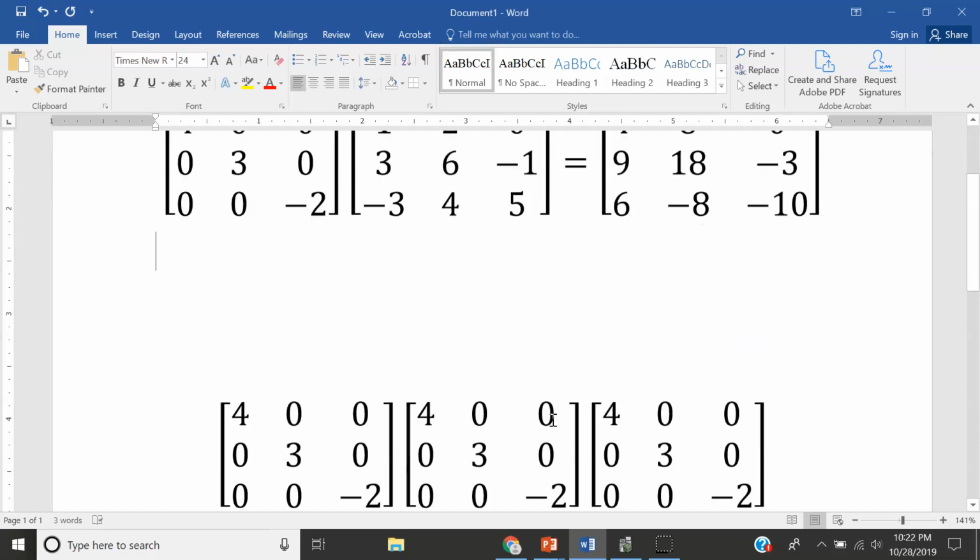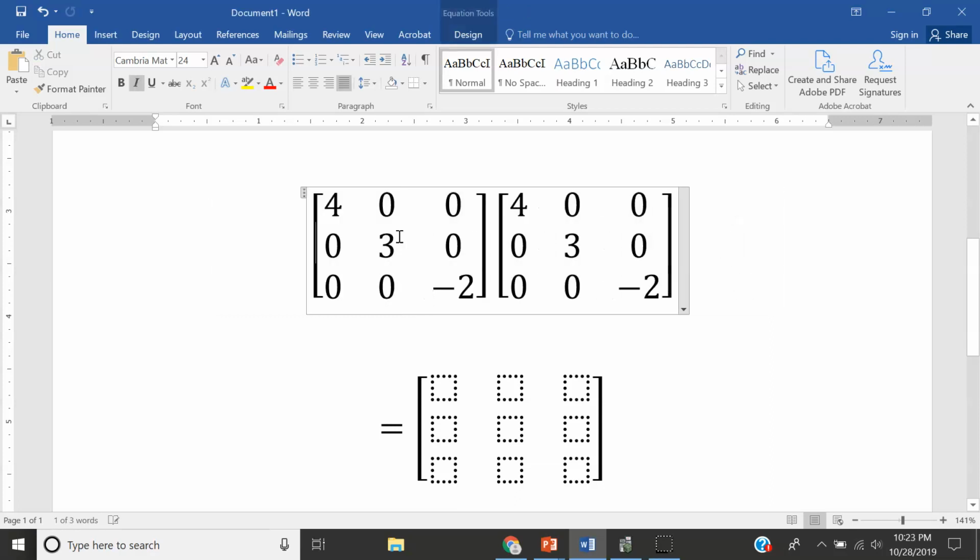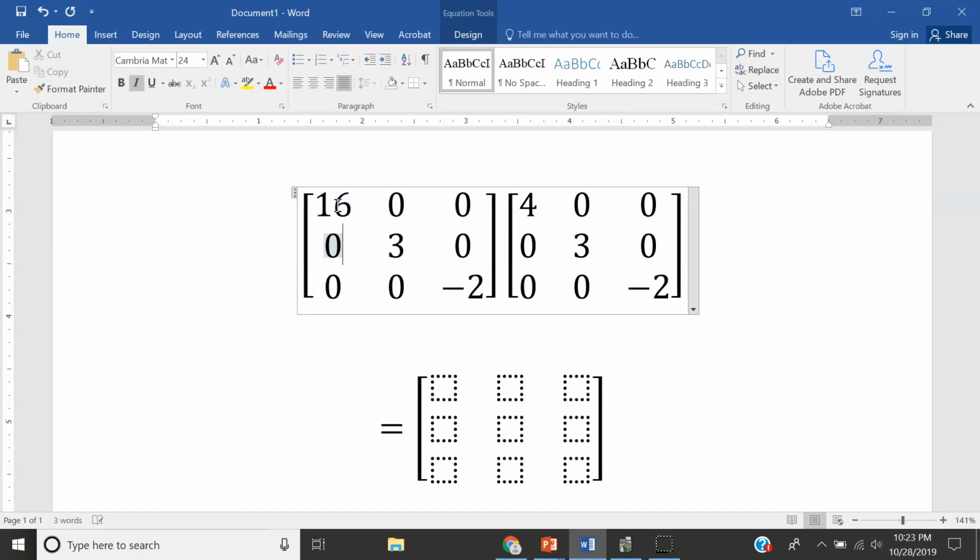Okay? Now, if you cube a diagonal matrix, well, think about this. I'd have to multiply the first row of, again, think what we just did. First row, 4, 0, 0, multiplied by first column here, 4. Basically what's going to happen is you're going to end up with 4 times 4, 3 times 3, negative 2 times negative 2.